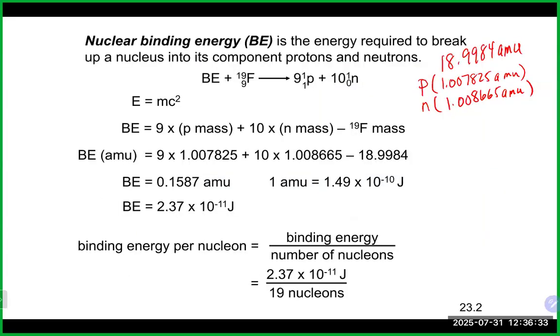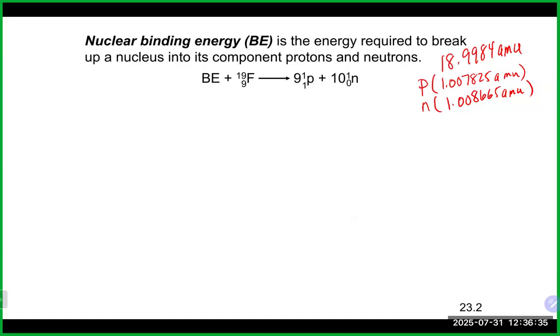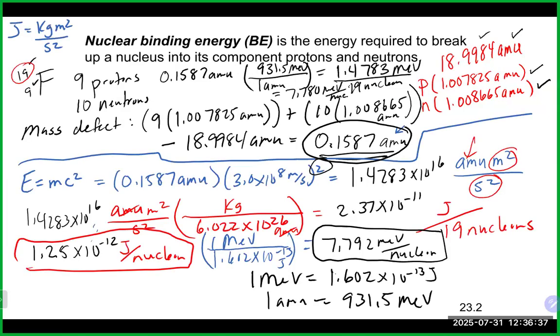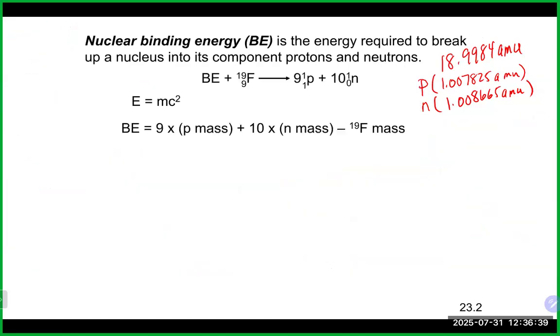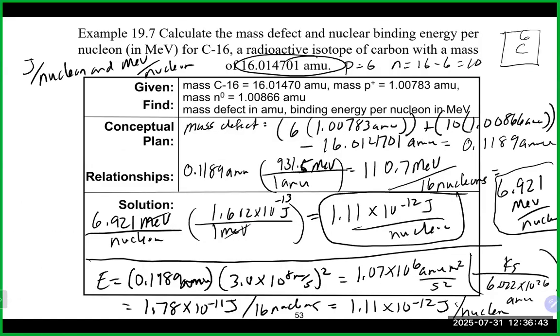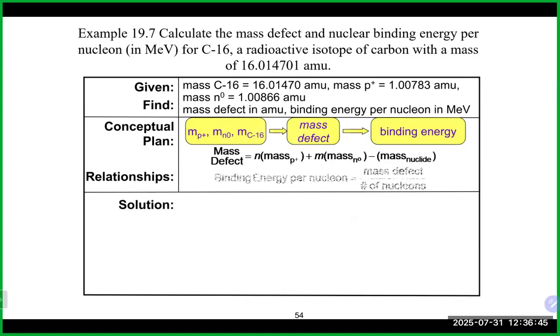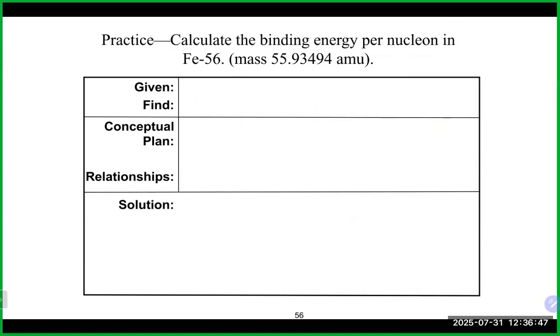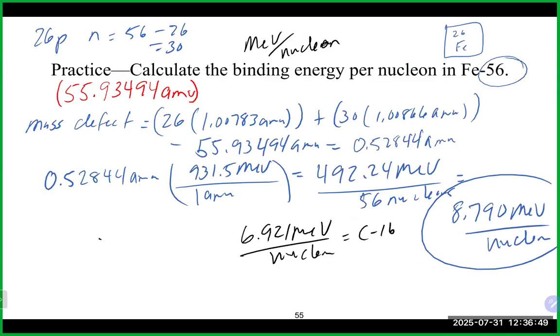And for the fluorine, we had on the previous page 7.792 mega electron volts per nucleon for our fluorine 19.